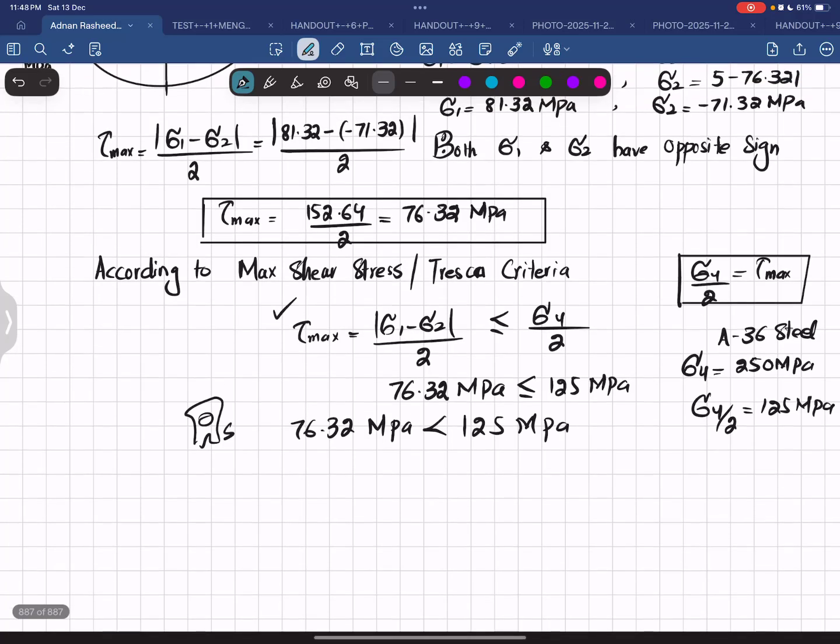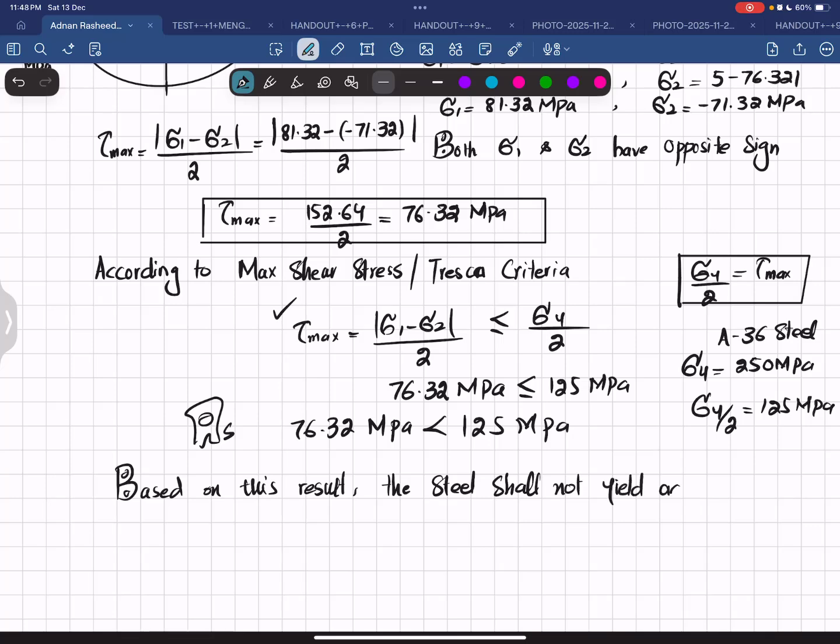So based on this result, I will write the conclusion. Based on this result, the steel shall not yield according to the maximum shear stress theory, which is also known as Tresca criteria, or we can also call it MSS, maximum shear stress.